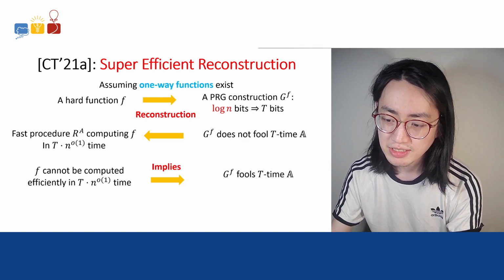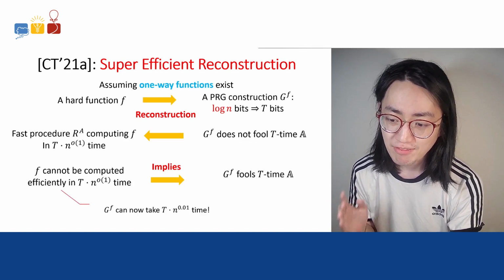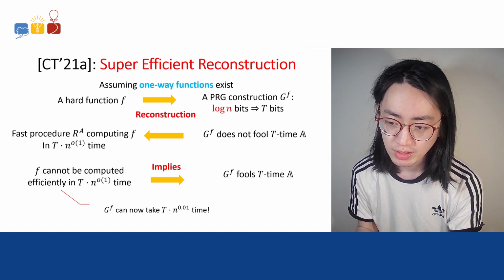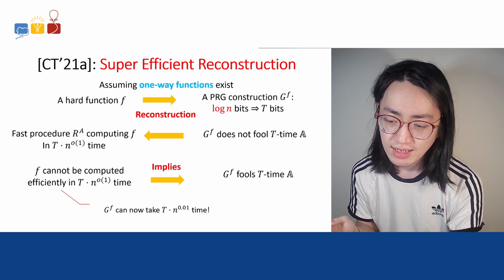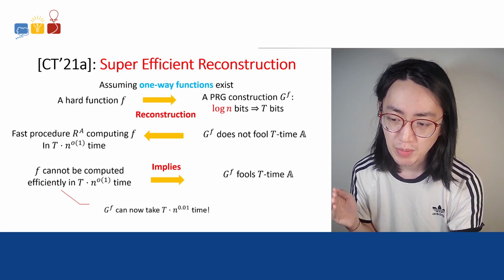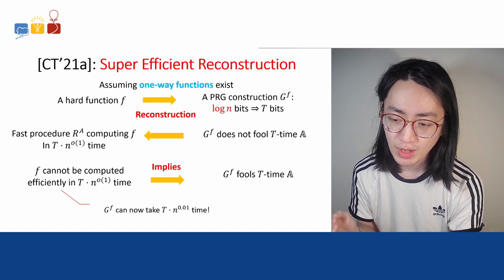The most important consequence here is that it's now possible for f to be computable in T times n to the 0.01 time. In particular, this means G_f can also be computed roughly in T times n to the 0.01 time.